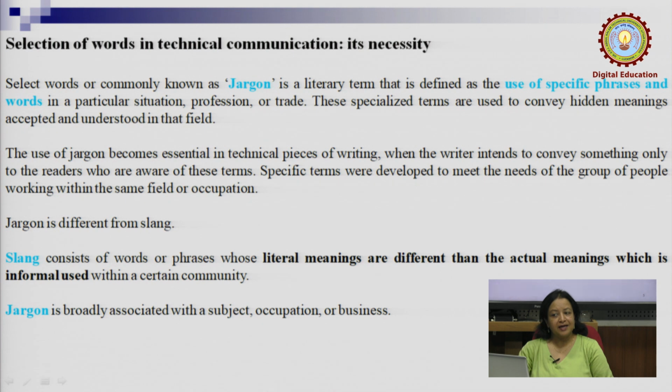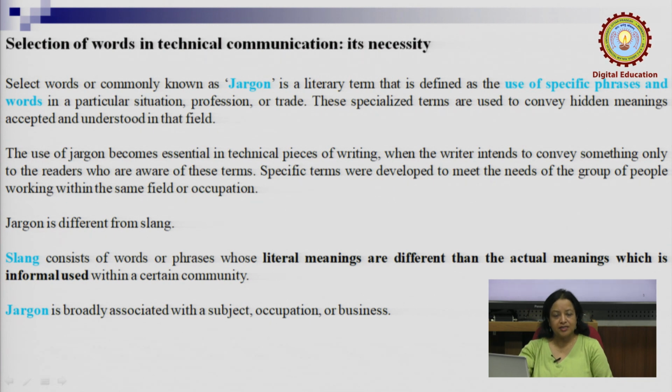Jargon is sometimes confused with slang, and people often take it in the same sense, but the difference is always there. Slang is a type of informal category of language developed within a certain community and consists of words and phrases whose literal meanings are different than the actual meaning.